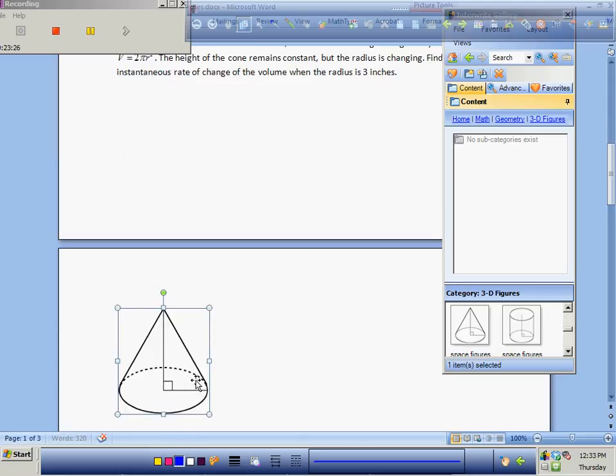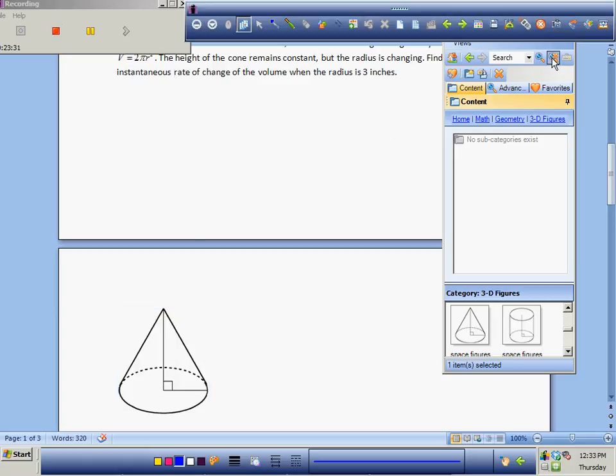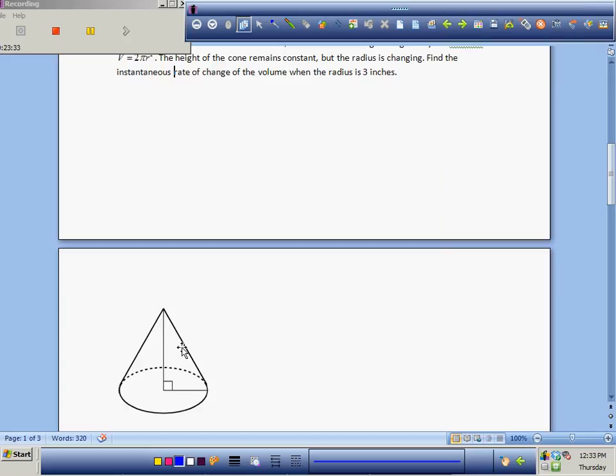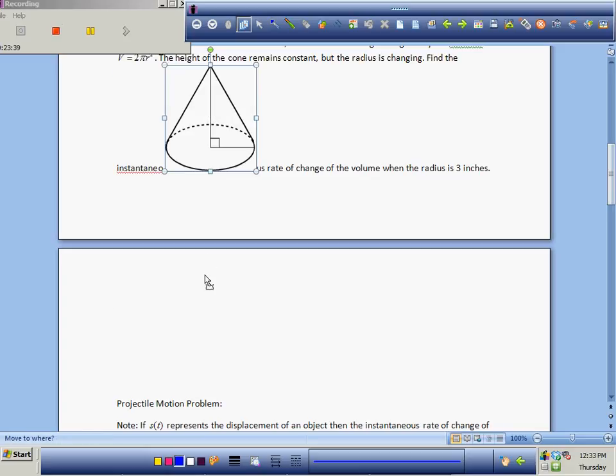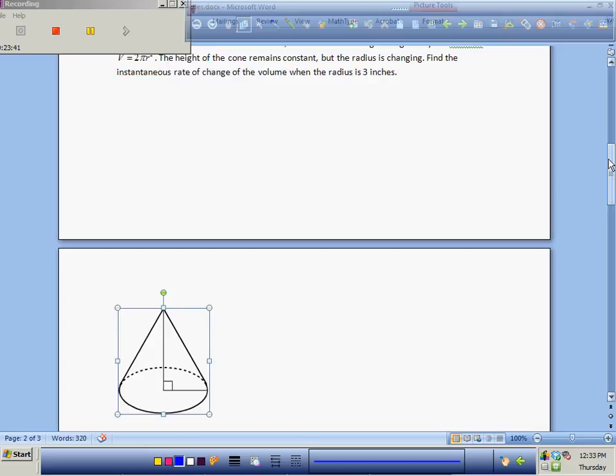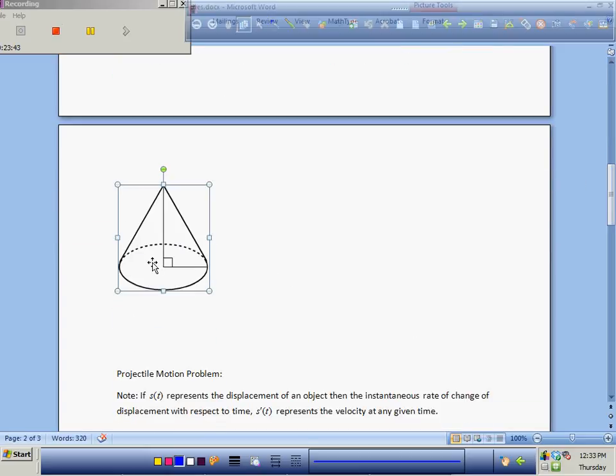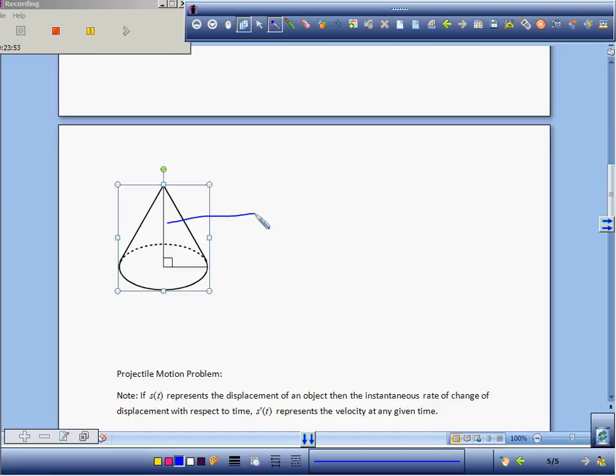So here's a cone, right? That's only half of it. You learned in geometry that the full cone is both sides. Anyway, this is a whole cone in my book, and this is a cone whose height is 6 and the radius is r.